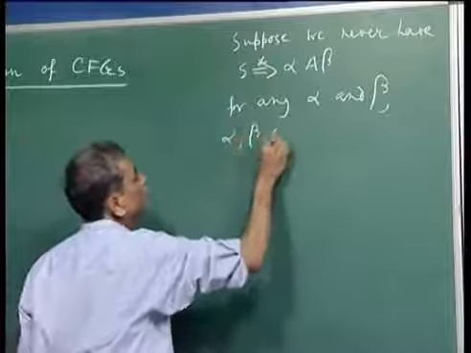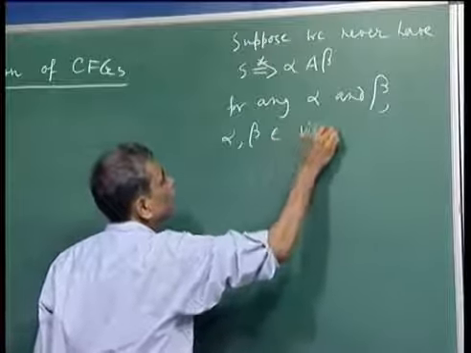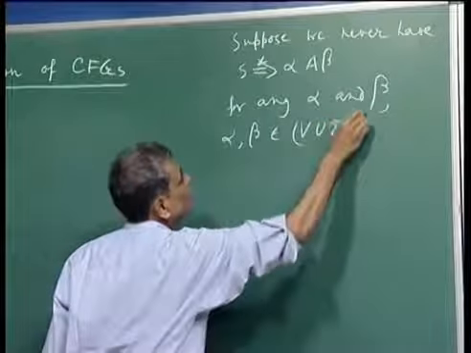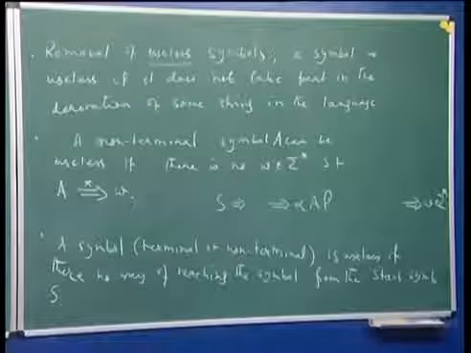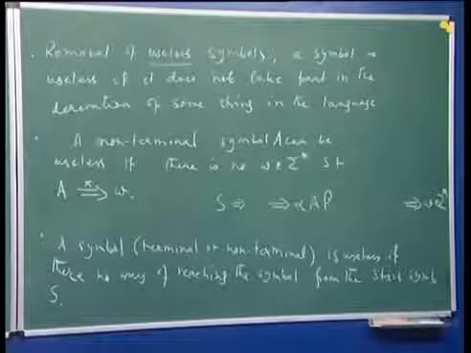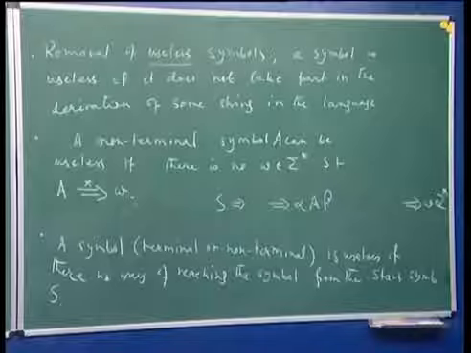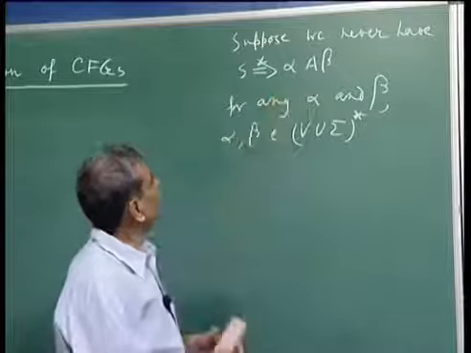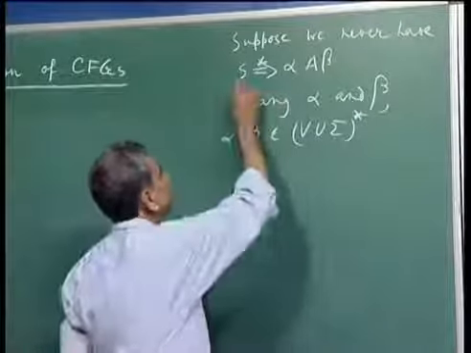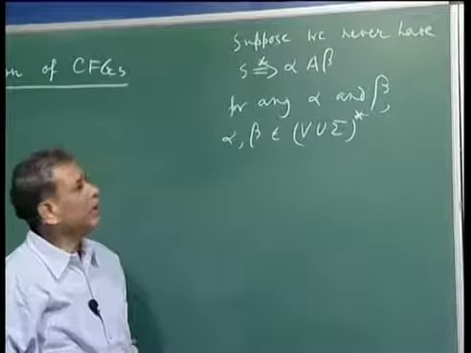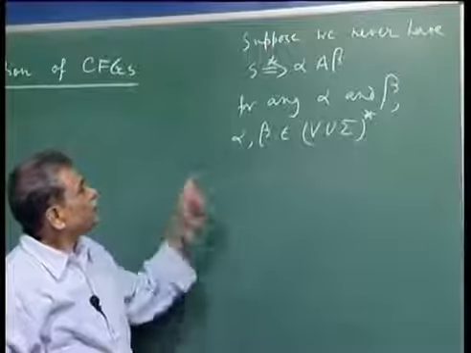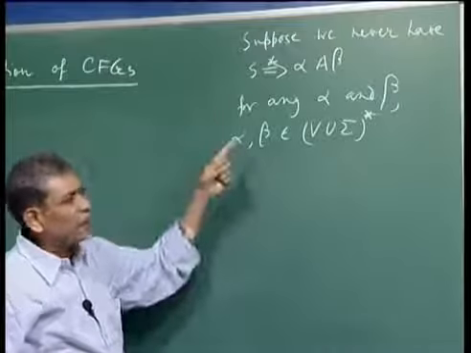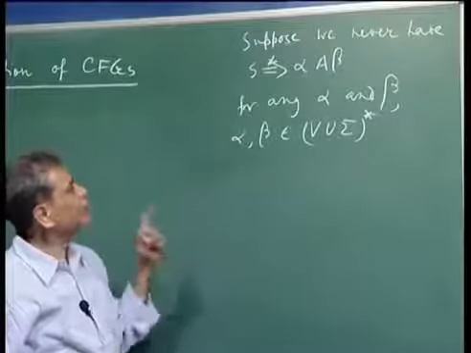Alpha and beta are over (V union sigma) star. Then we say that we can never reach A starting from S. All right. So, if this situation happens, then again such a symbol is useless.